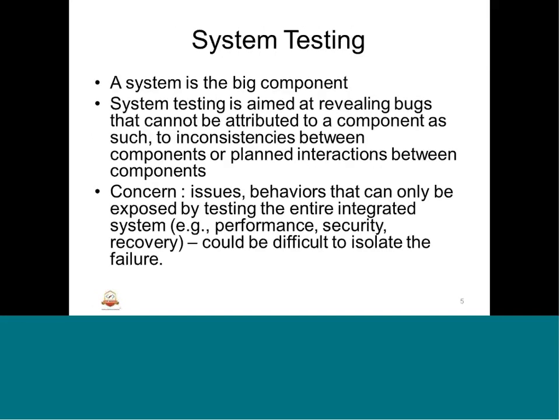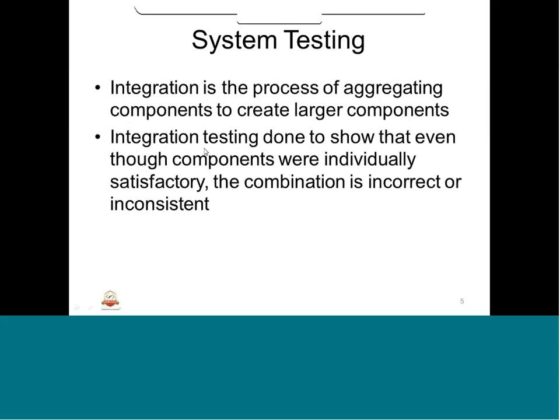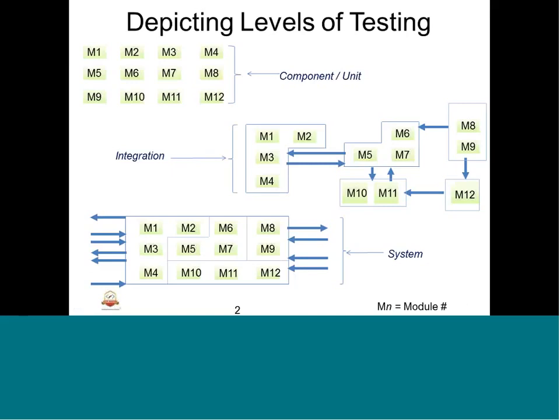The last one is system testing. System is the big component. As I said, it's a black box. System testing is aimed at revealing bugs that cannot be attributed to a component as such, to inconsistencies between components or planned interactions between components. Still, there could be some issues after putting together all these blocks.